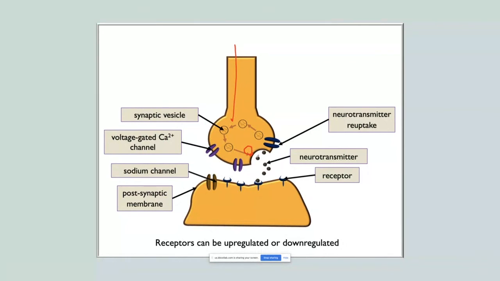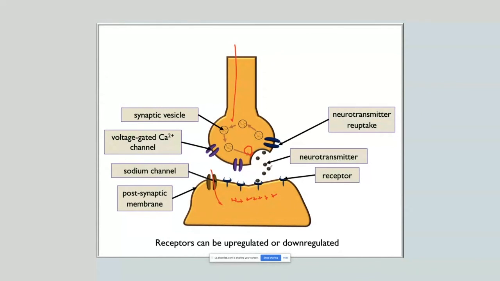There you can see the release of the neurotransmitter, the binding to postsynaptic receptors, which are ligand-gated channels, more exactly sodium channels. Sodium will enter, producing a depolarization of the inner membrane and an action potential.